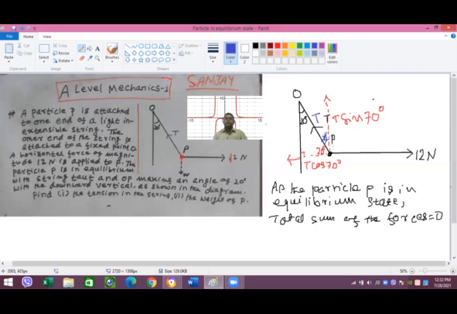So if you take the component of T about this angle 20°, definitely this is going to be the horizontal component for this force T. So in that case, this horizontal component will be given by T cos 20°. And for the force T, the vertical component along this direction will be T sine 20°.